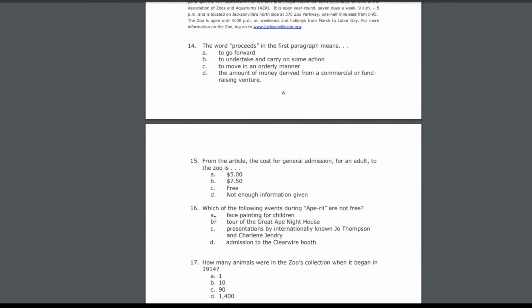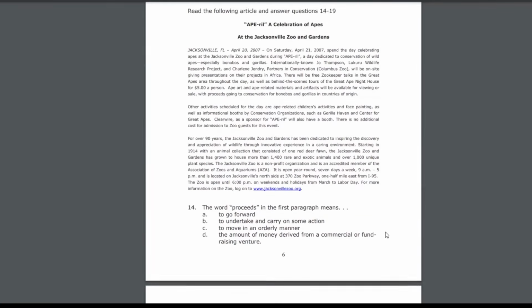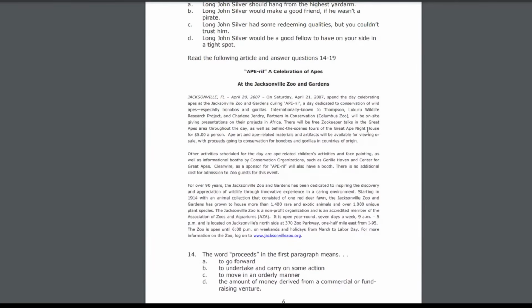All right, number 16, which of the following events during April are not free? All right, so we have face painting, the tour of the Great Ape Night House, presentations by internationally known Joe Thompson and Charlene Gendry, and admission to the Clearwire booth. So we know that primarily in the first paragraph, they were talking about the events in April, right?